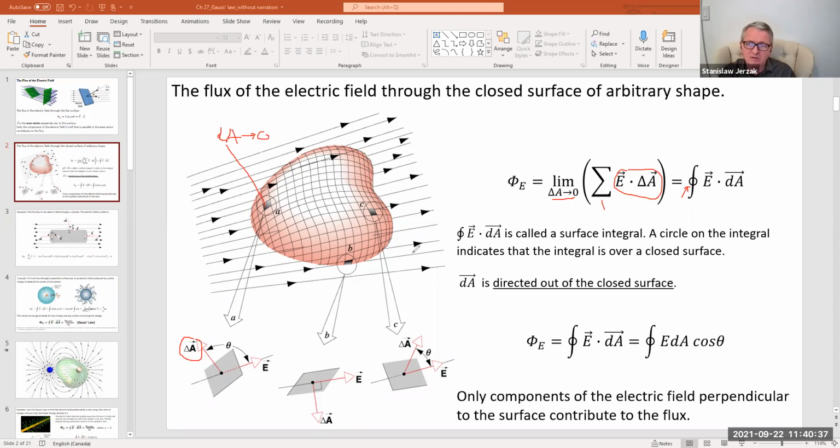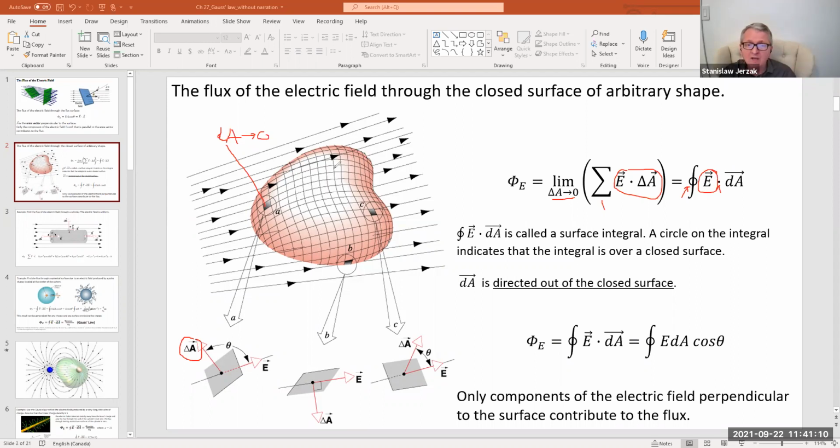So this we very often call a vector surface integral, because you see what we integrate is the electric field, and the electric field is a vector quantity. So here we have the dot product, E dot dA. These are particularly difficult to calculate, because if the function under the integral, the integrand, is a scalar function, you can calculate the surface integral of the scalar function. But here we have to integrate over the surface a vector quantity.